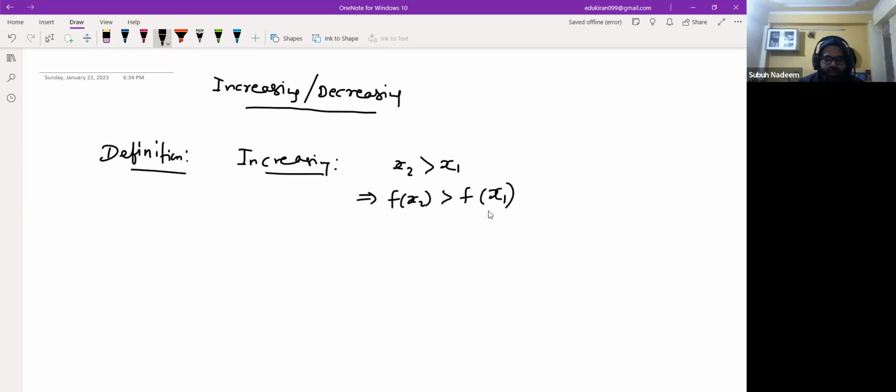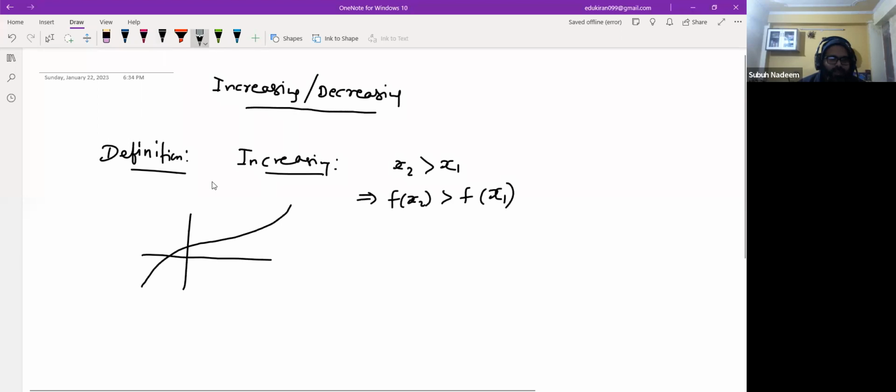So this you can understand from the graph like this, that this is an increasing function, and this increasing function has a value x2 here and x1 here. x2 is greater than x1 because x2 is right of x1, x1 is smaller. Now, if you take f of x1, you'll get this as the output, and you take f of x2, you'll get this as the output.